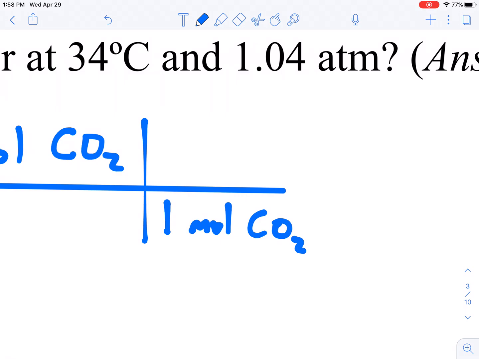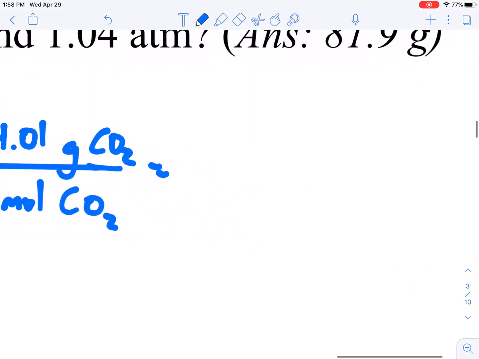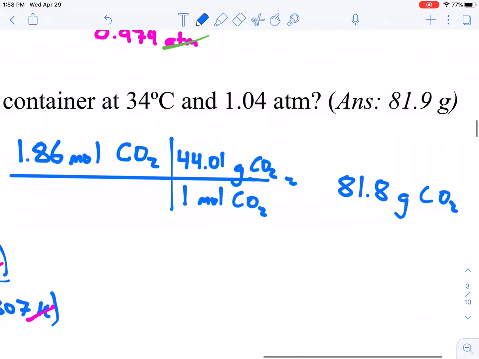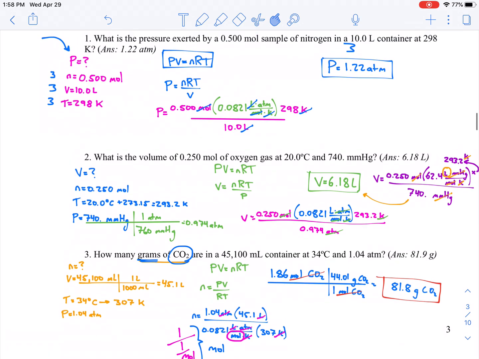When you do that, you will get the molar mass is 44.01 grams of CO2 for every mole. We start with 3 sig figs. We'll end with 3 sig figs. When you do that math, you will get 81.8 grams of CO2. You'll notice conveniently that your moles cancel. You're left with grams. And so at the end of the day, this is our mass of CO2 under those conditions.